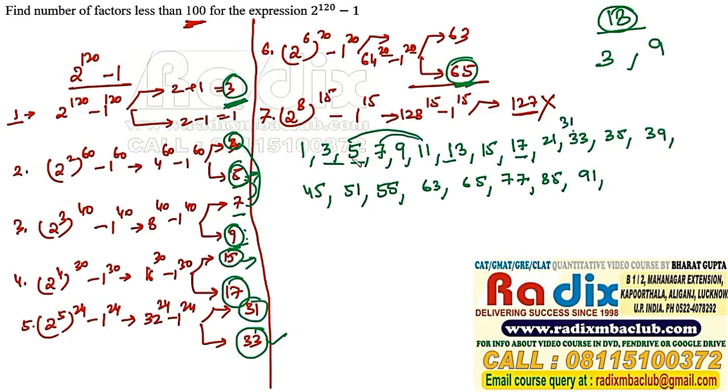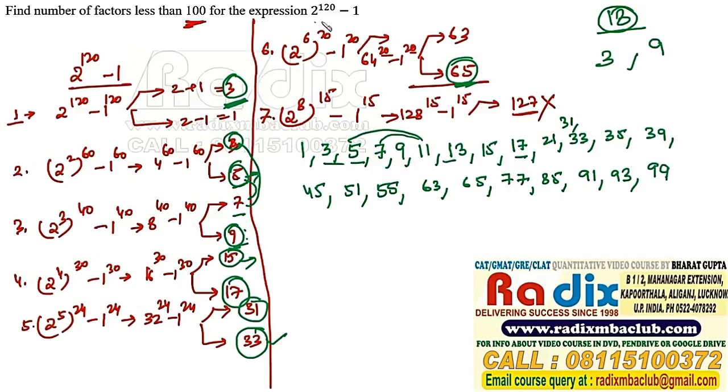If 31 into 3, 93 is possible. Okay, 95, 19 is not there, so 95 is not possible. 97 is not possible. 99 is possible. So these are the numbers less than 100 which will divide this number completely.